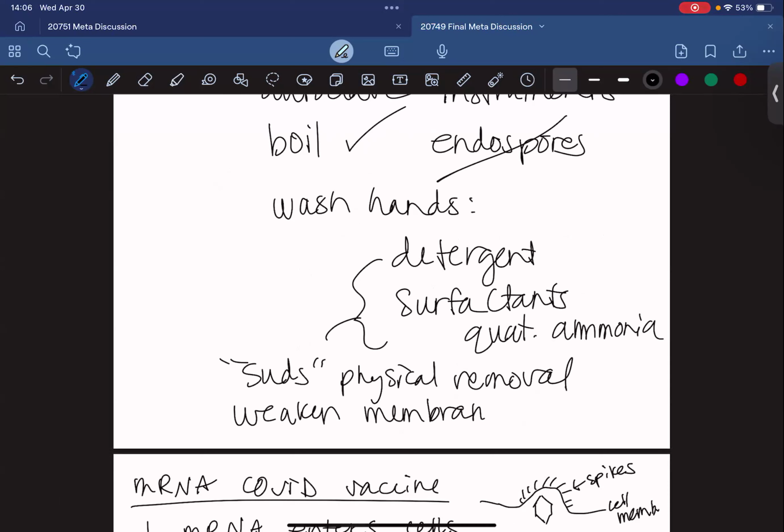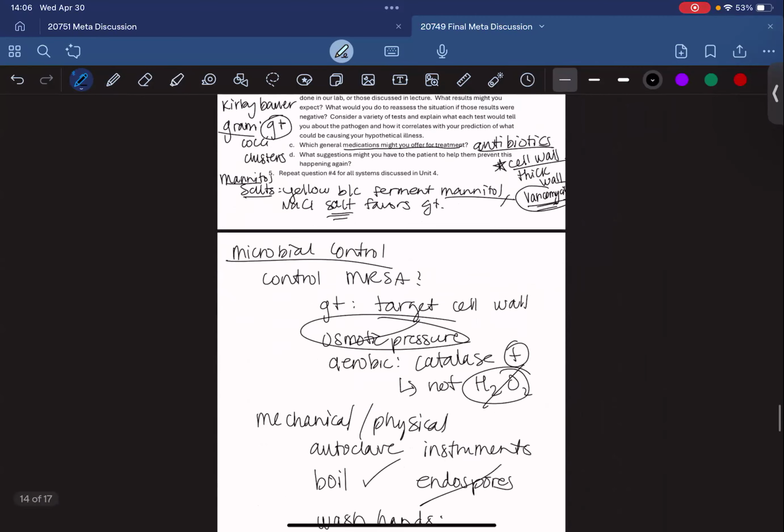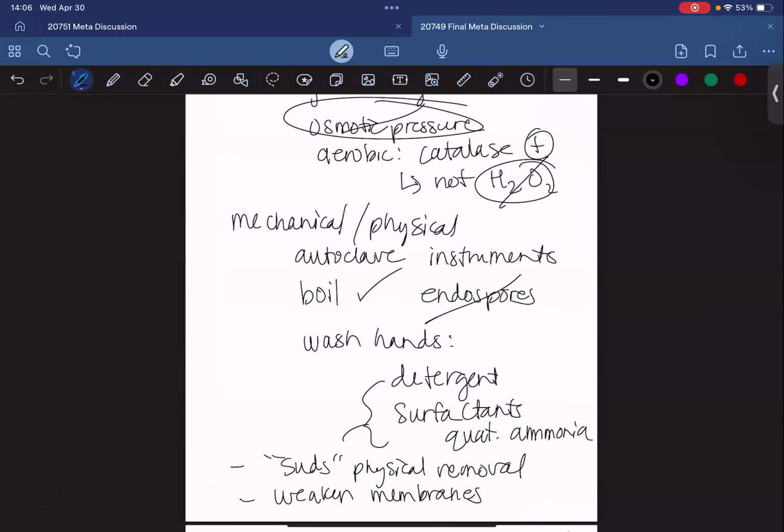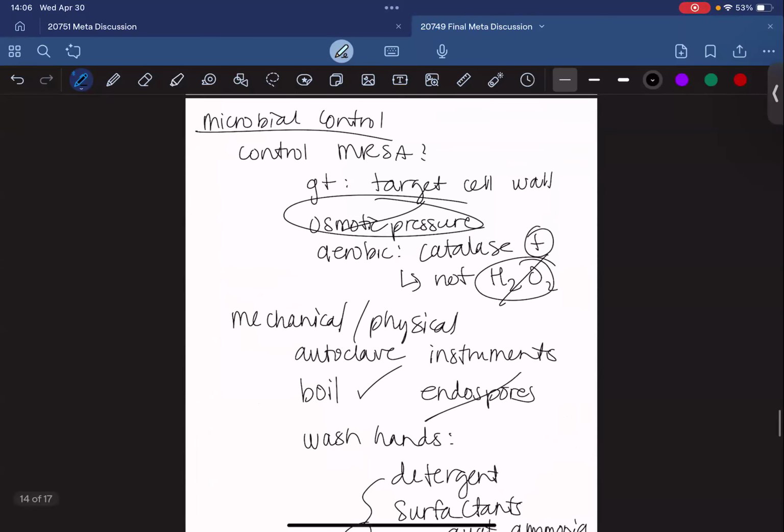So these guys do still have cell membranes of our bacteria as well. These will be a little bit more resistant because the wall can still help hold it together. So the weakening of the membranes isn't as important as the physical removal here, but it could work for that.